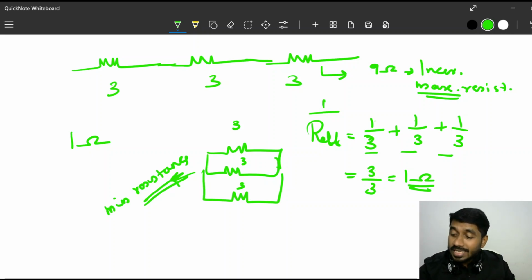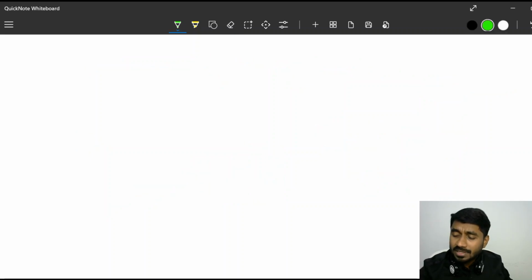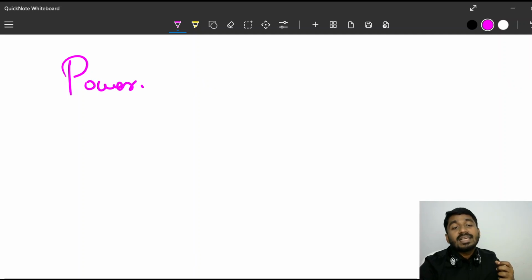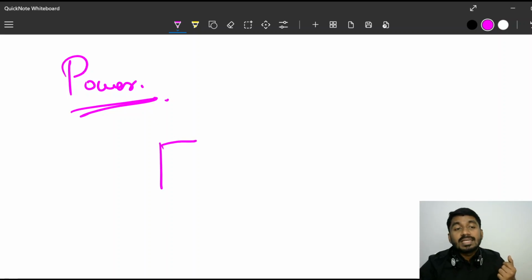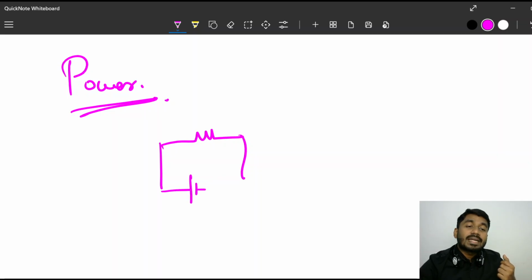Let's move on to the next and last topic of this chapter. Very simple chapter, right? The last topic is the power generated in a circuit, or power delivered into a circuit. If there is a resistor and I have applied a battery, the battery will produce a potential difference across the resistor.